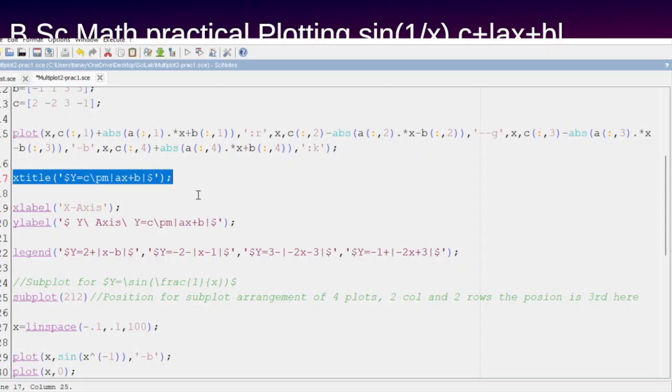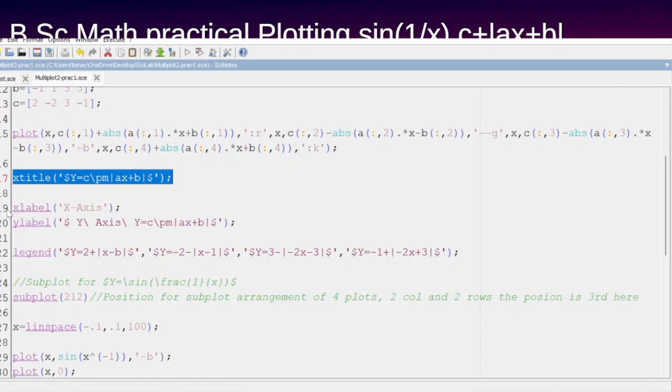If you type it as title, then it will name the whole graph, the whole page, as y is equal to c plus minus absolute value of x plus b. I don't want that. I want to show that this subplot has a title, this subplot has a title, and this subplot title is this one.